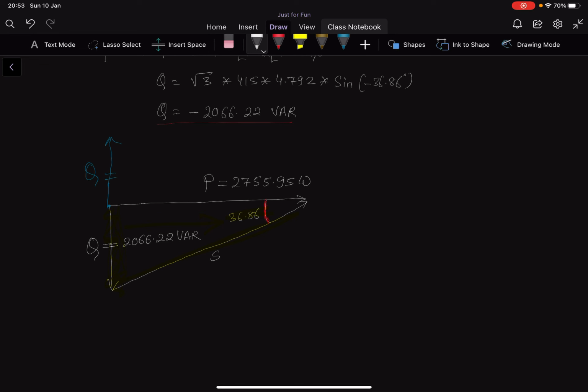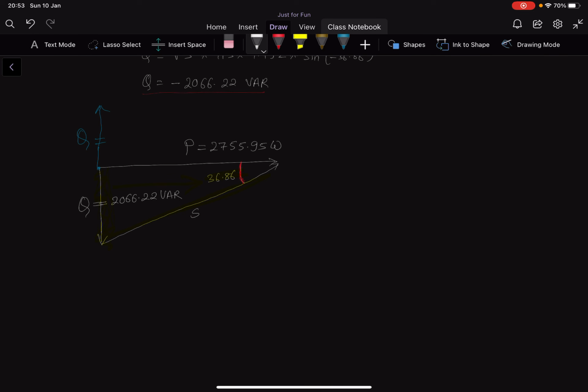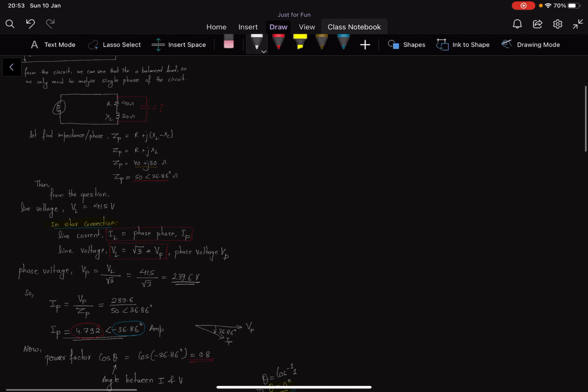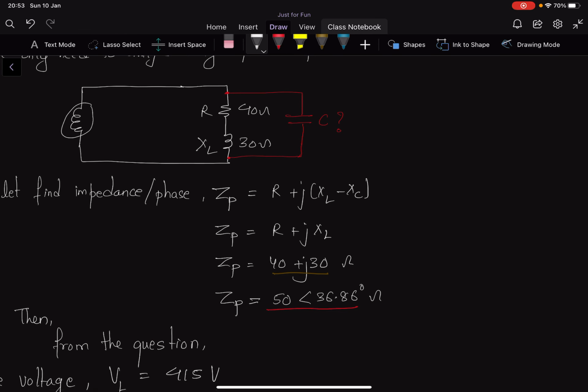So in easy terms, whatever reactive power we have calculated should be provided by a capacitor connected in parallel here in this circuit. That capacitor is going to generate the reactive power, which is going to be consumed by this inductor.